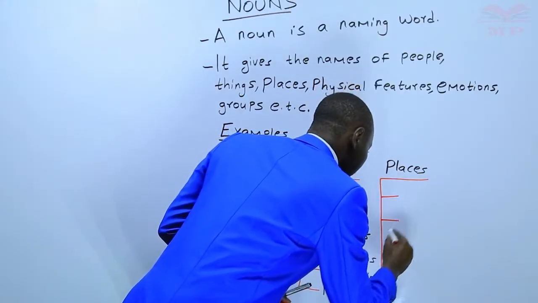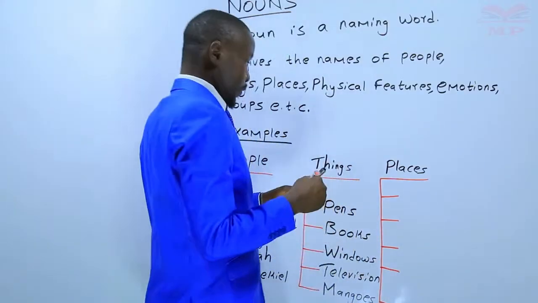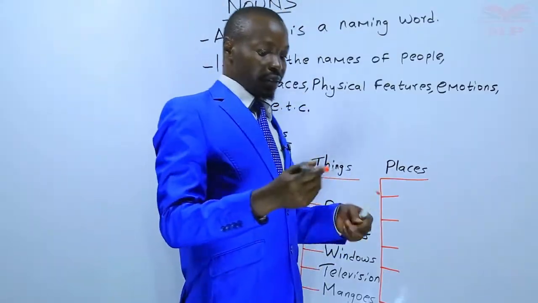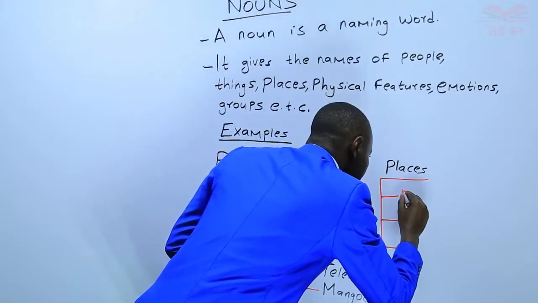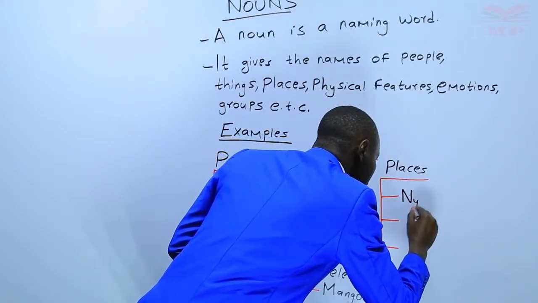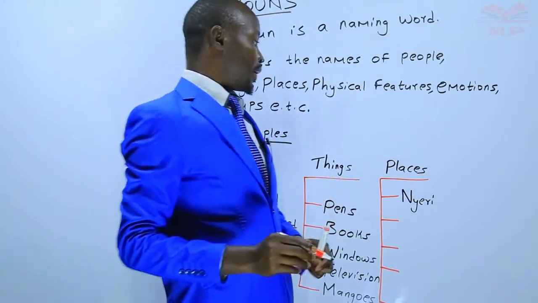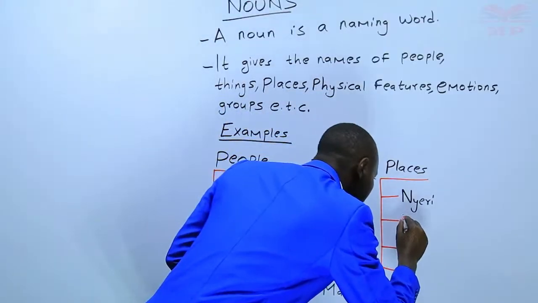And again, we can use 5 examples. So which places do you know in our country? The first place you can use is, you can talk about Nyeri as a town. And then we have the capital cities. For example, we have Nairobi.